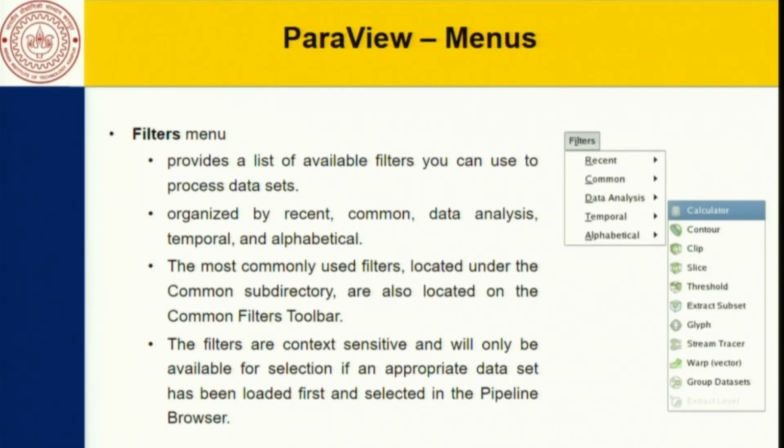Slice indicates the 2D slice, and glyph is used to put your velocity vectors like small arrows. And stream tracer is used to generate the streamlines.